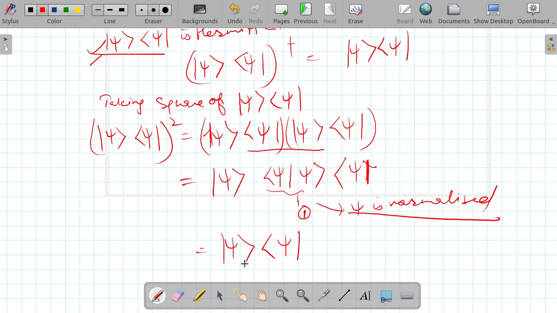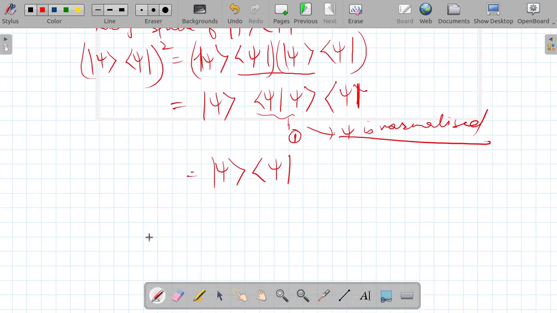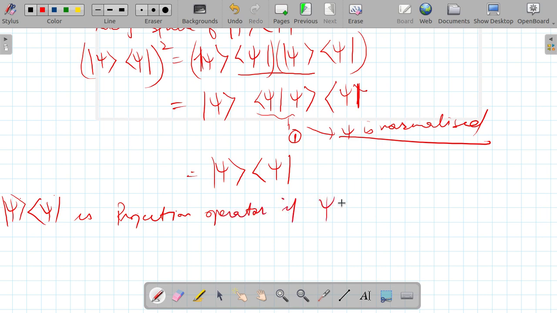That means it is a projection operator if psi is normalized.